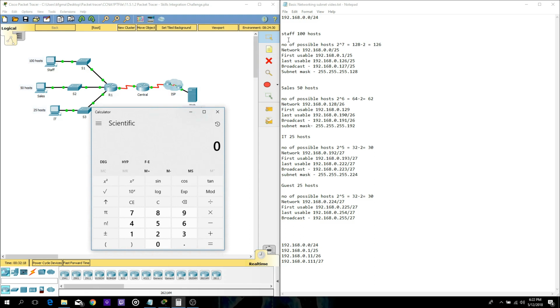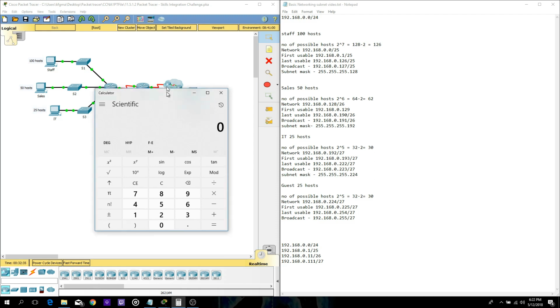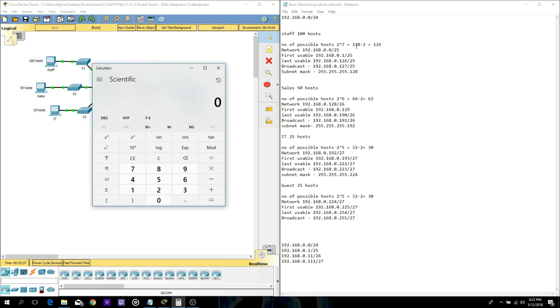The first thing we have to do is find how many borrowed bits and the number of possible hosts can we get to satisfy staff of 100 hosts. The equation is 2 to the what power minus 2 will satisfy the amount of hosts.